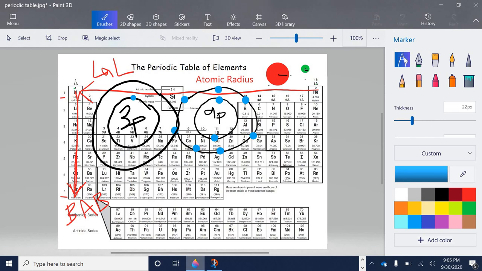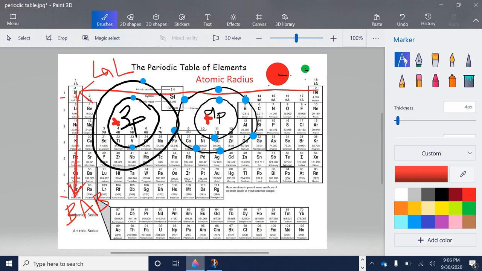And it just has 1 valence electron. So the thing about the protons in the nucleus, right, is that each proton has a positive 1 charge. So that means that a lithium atom has a +3 charge, while a fluorine atom has a +9 charge. So that's 3 times more charge in the nucleus on fluorine than on lithium.